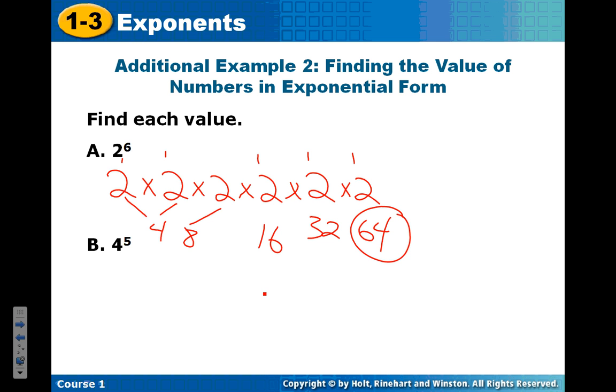4 to the 5th power. What does it mean? Yep. So it's 4 times 4 times 4 times 4 times 4. Times 4. Very good.